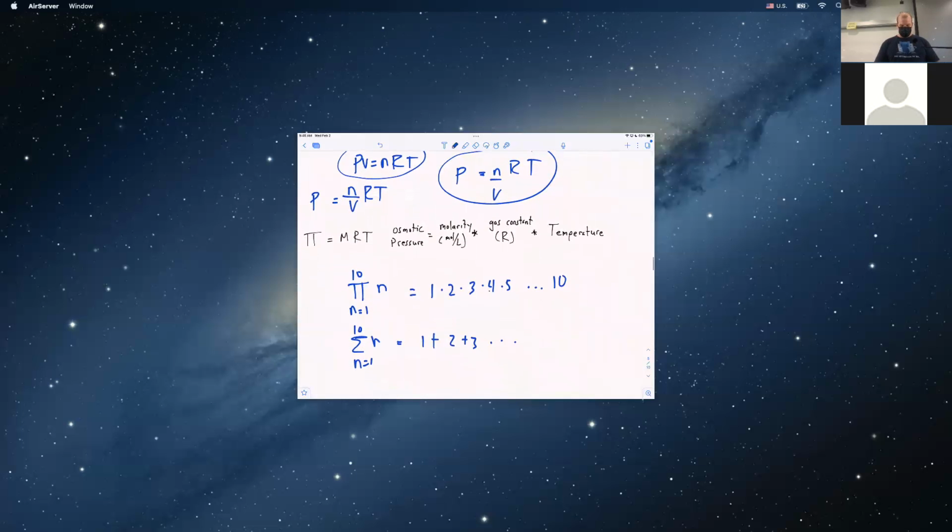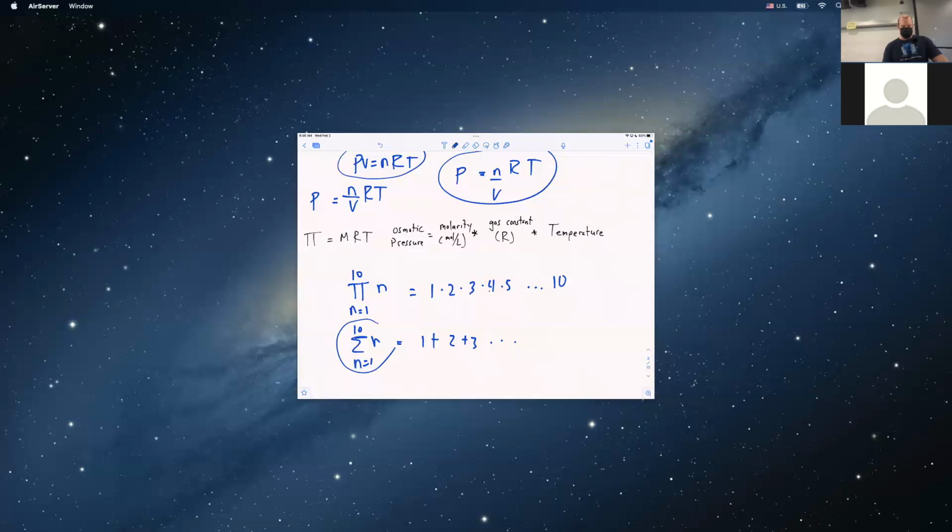You've got to be careful though, because capital pi can also mean a product, the geometric series. It depends on which class you're in, I should say subject. That's one problem: a lot of times different branches of science and academia use symbols that mean different things. So for a pure mathematical class, capital pi means the product.